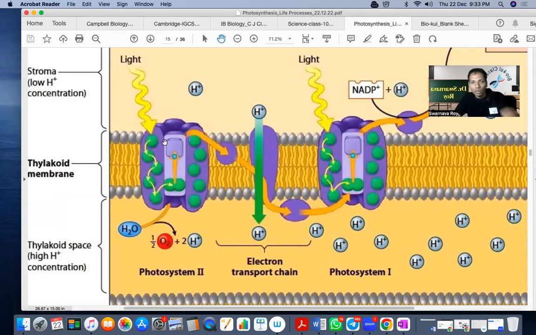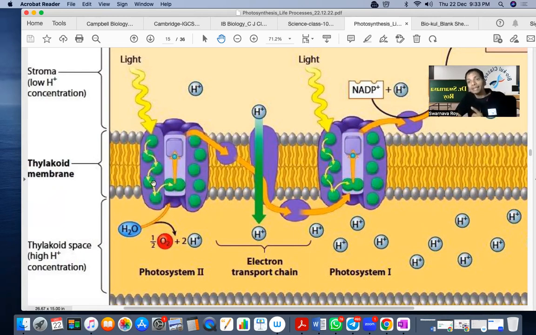Now, one thing we have to realize, these chlorophyll molecules are in a higher, excited state. They want to return back to the ground state. How can they return back to the ground state? The only way they can return back is when they get an electron. When somebody donates an electron to them, they will go back to the ground state.